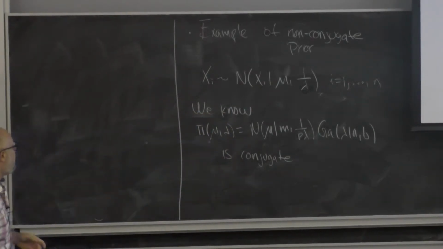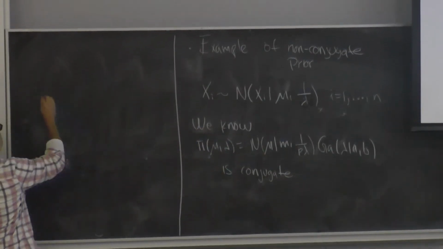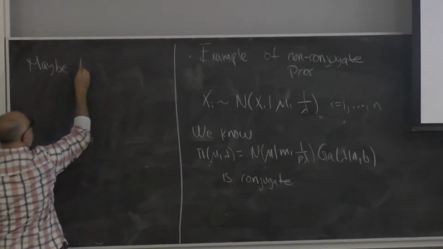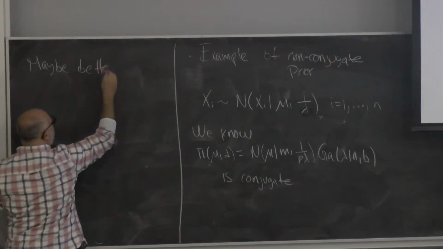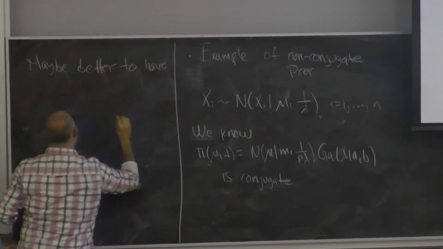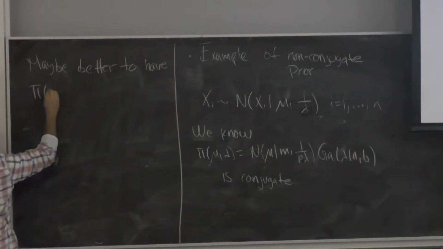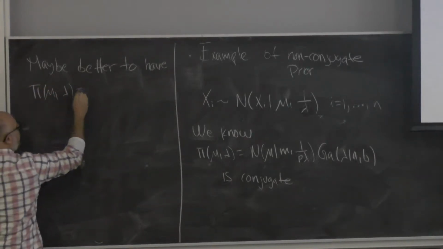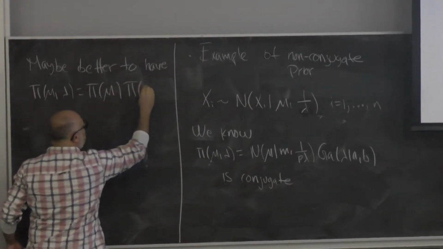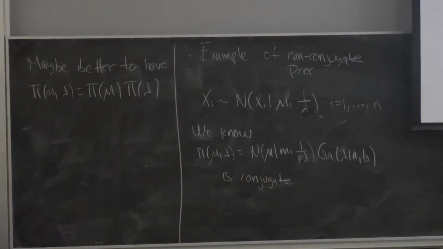So it is a bit more natural to have pi of mu and lambda as two independent priors.